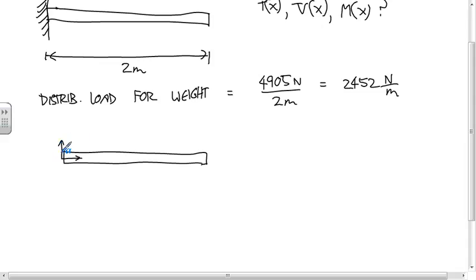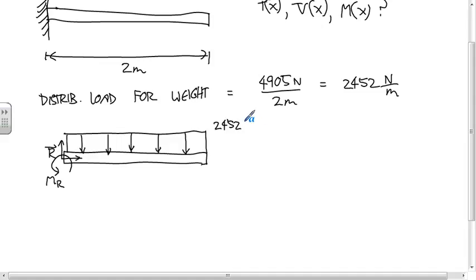We have a reaction force there from the fixed joint. We have a couple MR from the fixed joint. And the weight gives us a distributed load, the rectangular shape of 2452 newtons per meter.